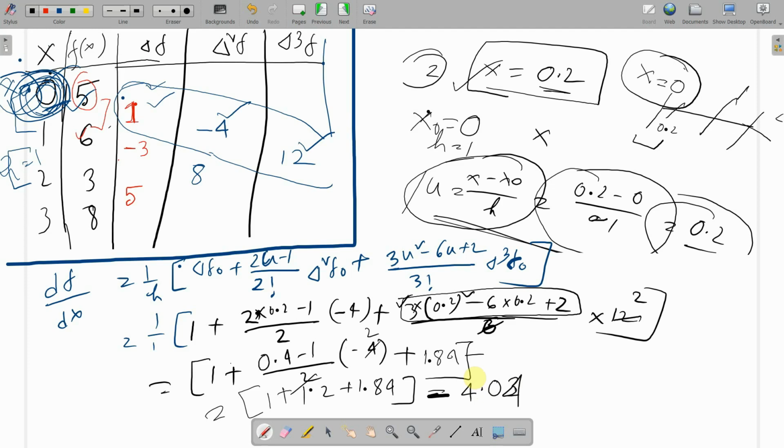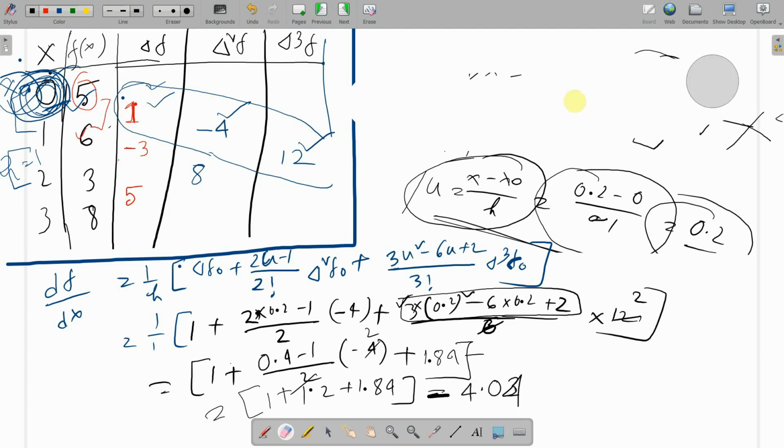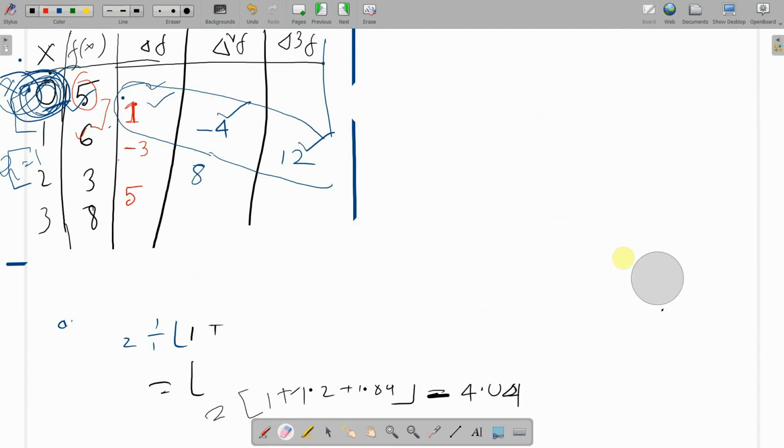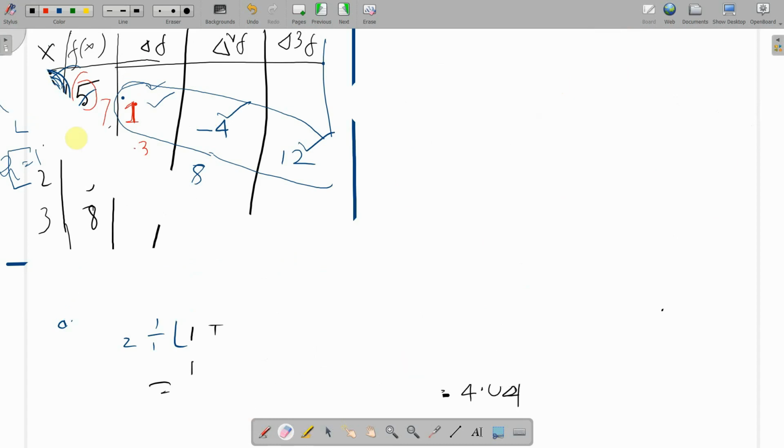Okay, now find me the value of d2f dx2 at x equals 0.2. I deleted this.